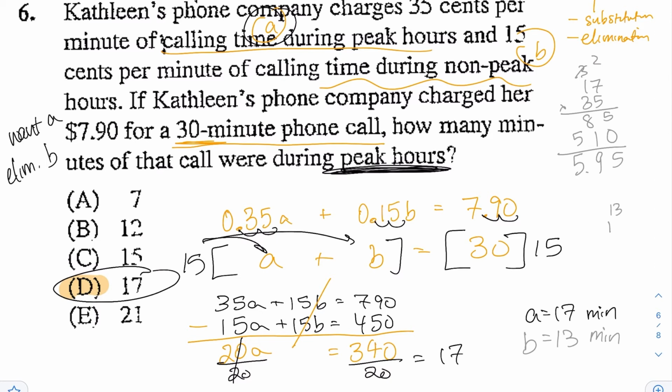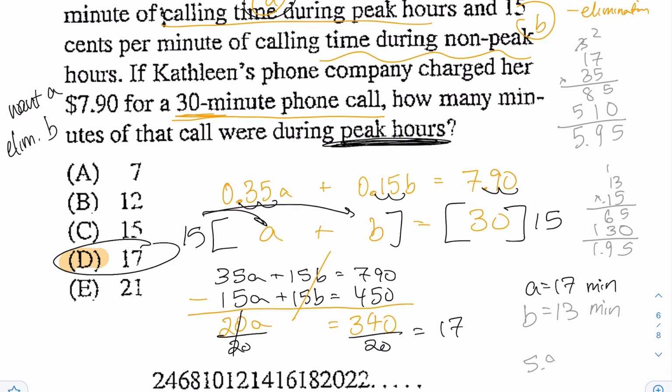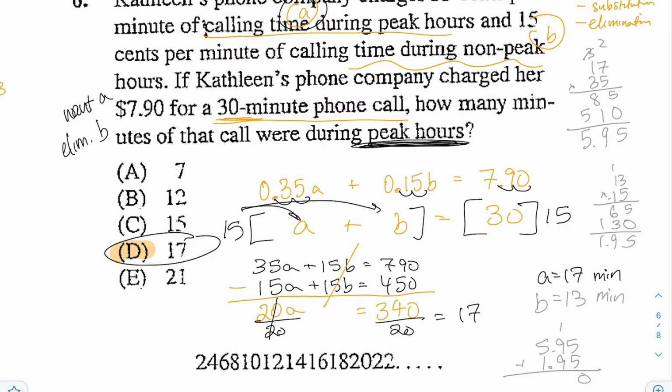So that's going to be 13 times 15 cents, which is $1.95. And if you add $5.95 plus $1.95, you get $7.90, which is exactly the total. So everything does check out.